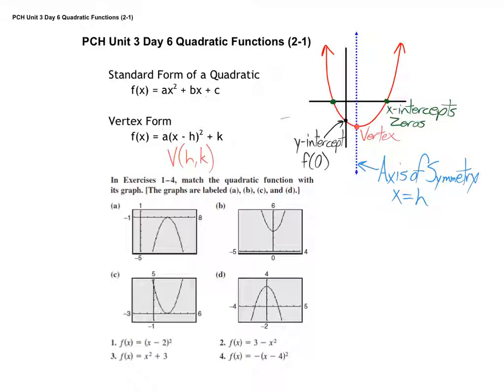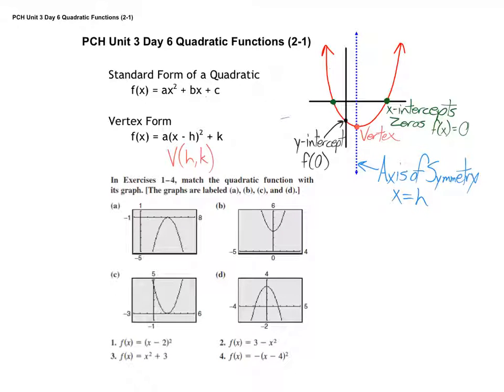Because the function equals 0 there. F of x equals 0 at that point. So those are the basic terms that you need to know. There are 2 zeros, both green points there. I kind of color-coded it for you.